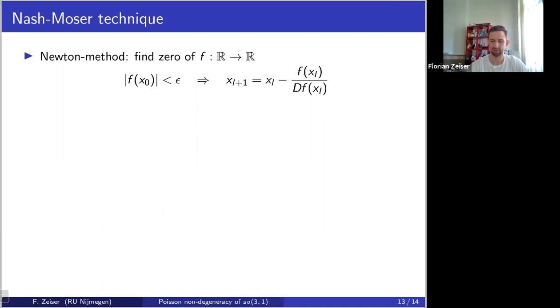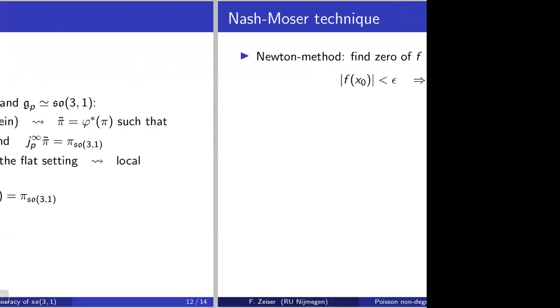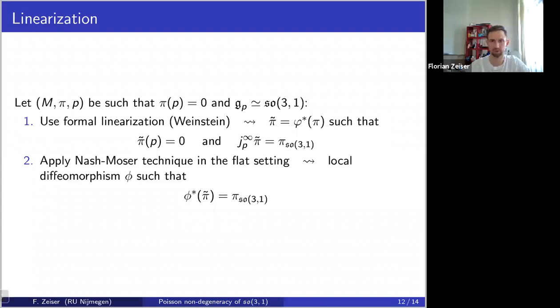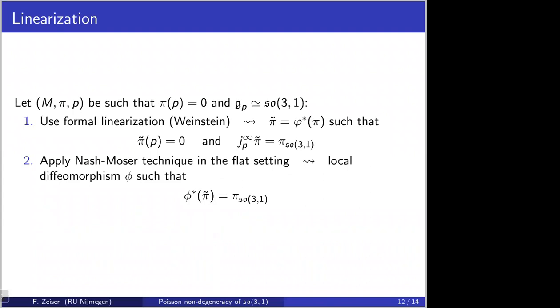Sorry, can I ask you something before? Of course. Yes, when you have this formal Taylor series, for example, you know that formally it satisfies the Jacobi identity, right? Yes. But then when you extend it to a smooth function, with Borel's lemma, do you still know that this pi tilde satisfies the Jacobi identity?